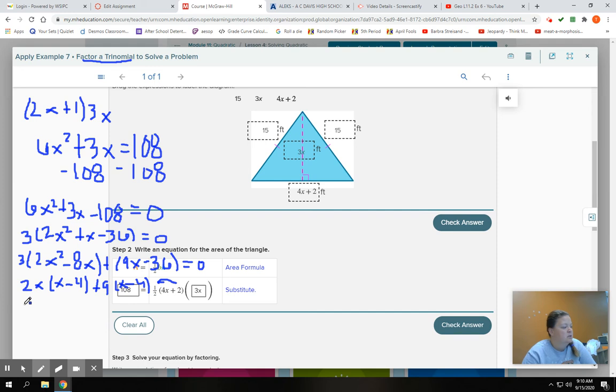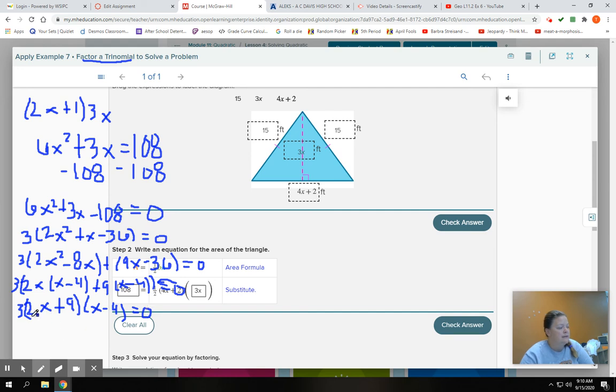And so that means that 2x plus 9 and x minus 4 is the factored form of 2x squared plus x minus 36, right? And we still have that 3 following us around. I should write it on this step too. Okay, and that's all equal to 0.